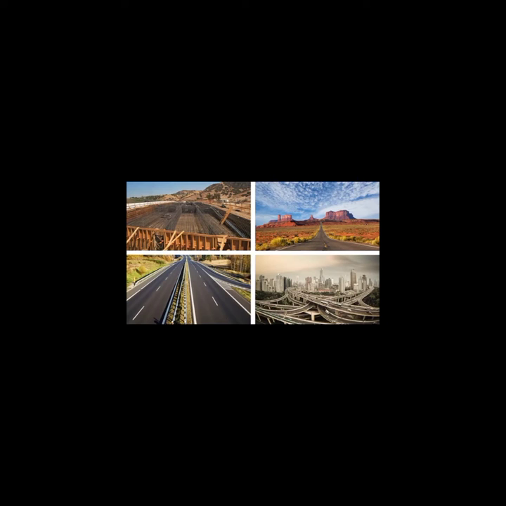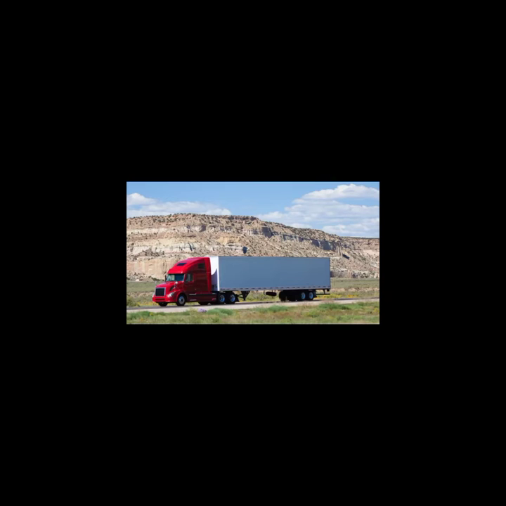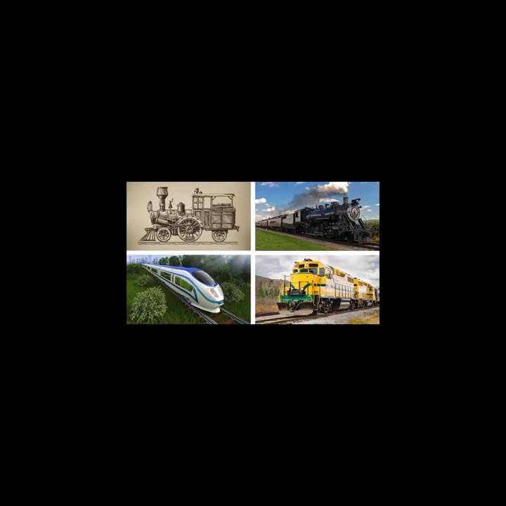For infrastructure, there would be no roads, no rails, no bridges, no harbors, no airports. And for transportation, there would be no cars, trucks, trains, ships, or planes. Without infrastructure and transportation, there's no local business, no interstate commerce, and no global trade.